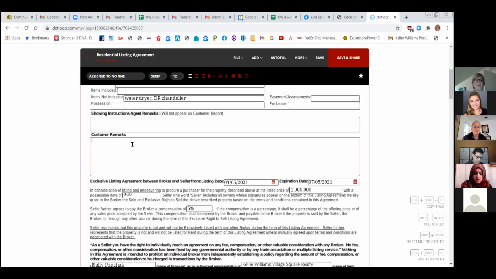Some examples. You are listing a house that has a gorgeous fireplace. Instead of just saying this house has a gorgeous fireplace, we want to paint a picture, because when you can appeal to people's emotions, it makes them act more than simply putting facts.